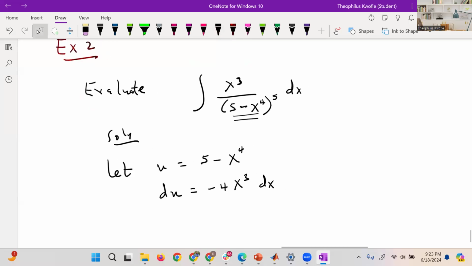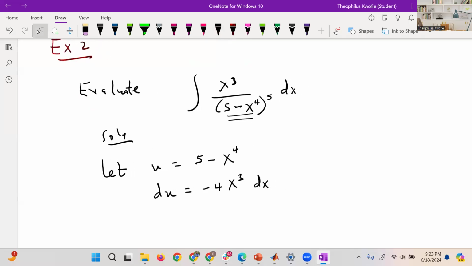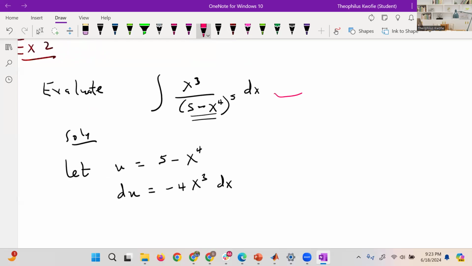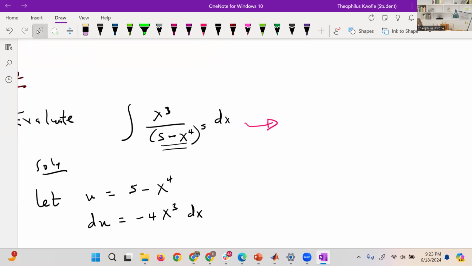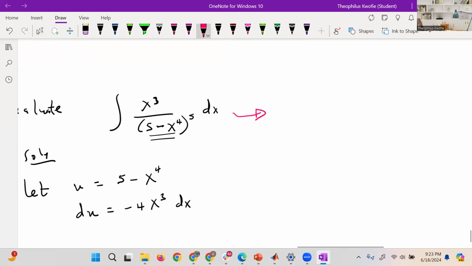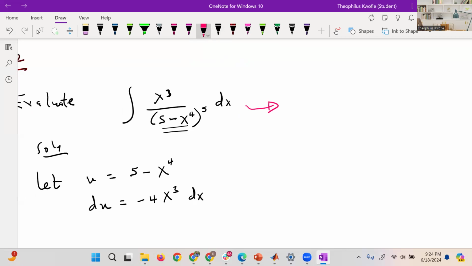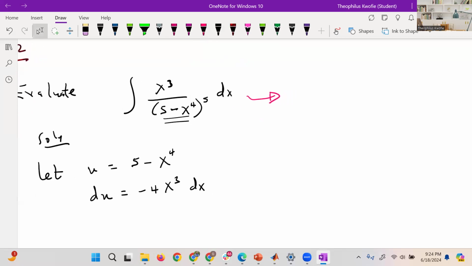Now, at this point, let's try and rewrite this because of the result we just got. Because we have -4 here, we also want to cancel the -4, so we can multiply this by minus 1/4, okay?